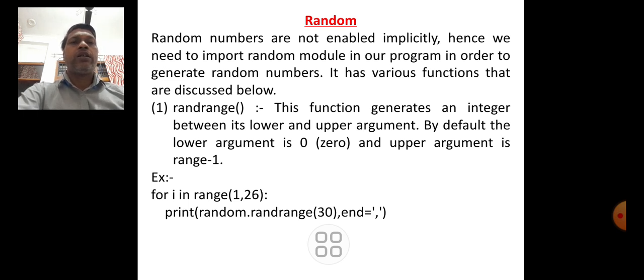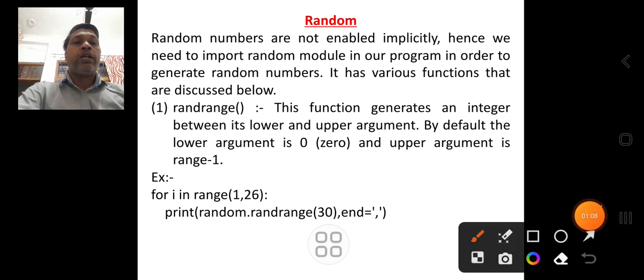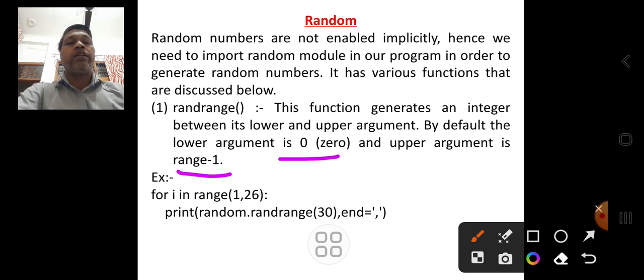The first function is the randrange function. This function generates a random integer between its lower and upper argument. By default, the lower argument is 0 and the upper argument is range minus 1.